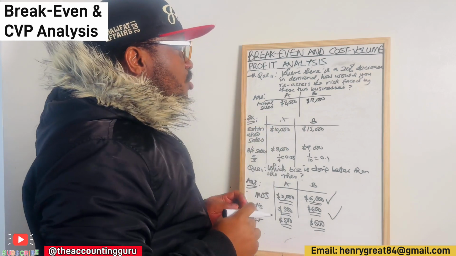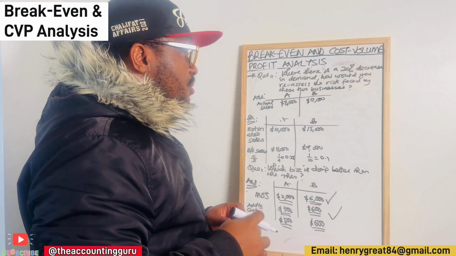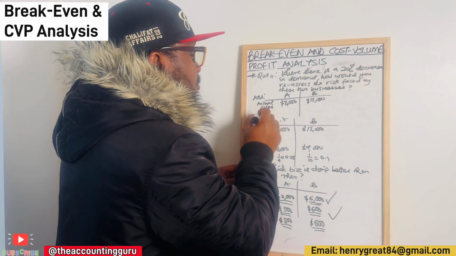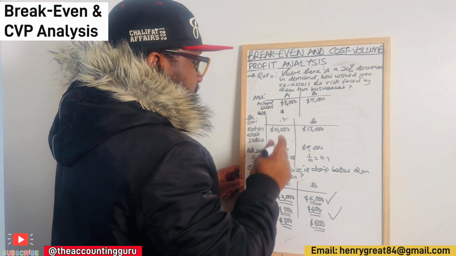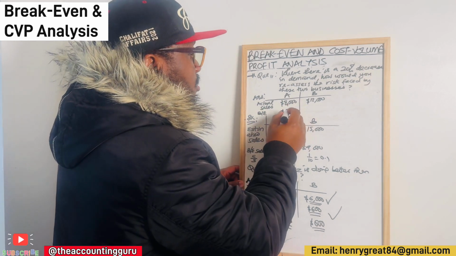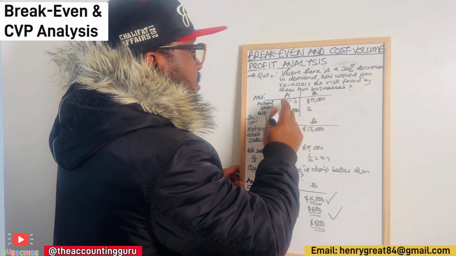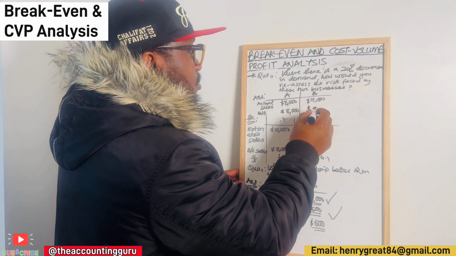So $12,000 will be the actual sales for business B. So don't forget that the break-even sales remains at $8,000 for business A, and the break-even sales for business B remains at $9,000.